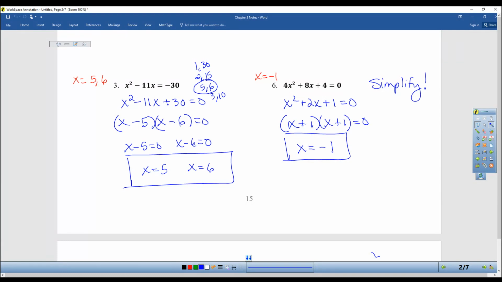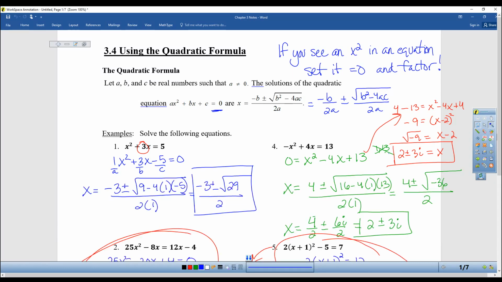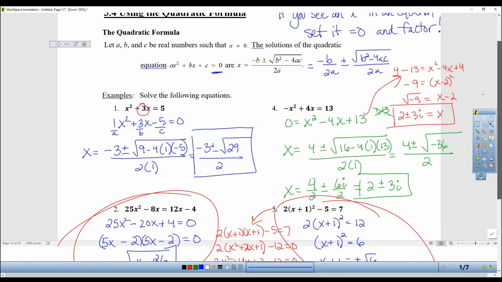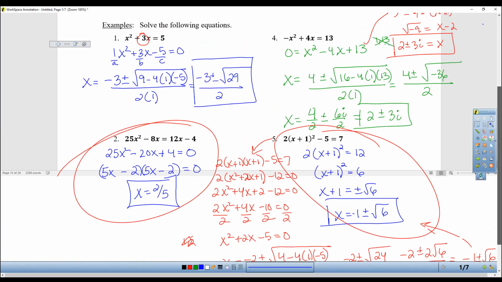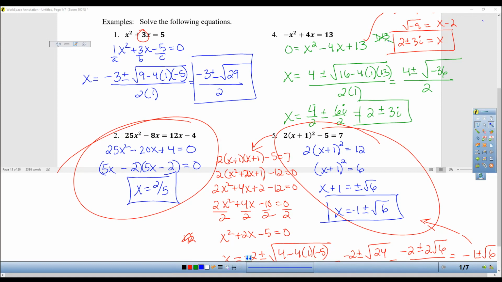All right, so when we were doing these problems, at what point did we know that we were going to get an i in our answer? Look at these problems and tell me, when did you realize the answer was going to have this i in it, where these didn't have an i in it? Hopefully you said right here. That's the moment at which you say, oh, there's going to be an i in my answer because I have a negative under the radical.